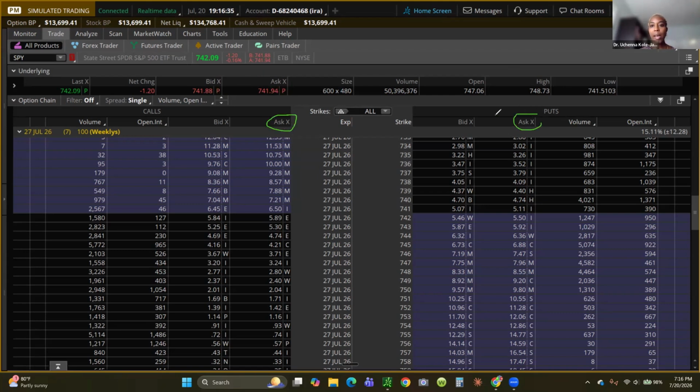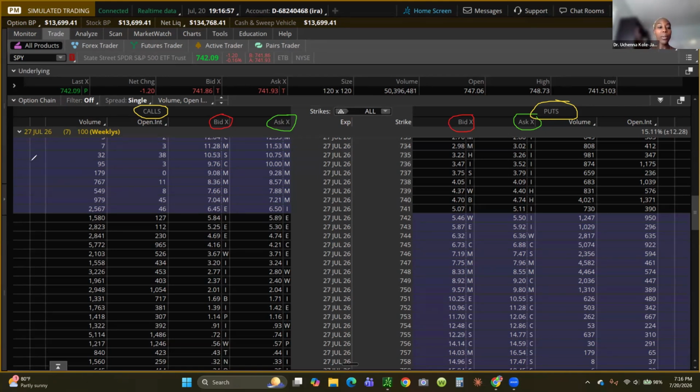Ask is where we buy. Remember, the left side is the calls, the right side is the puts. And I'm color coordinating it so you can see usually when you buy something, it's green. When you sell something, it's red. Okay. So that's a little color coordination.